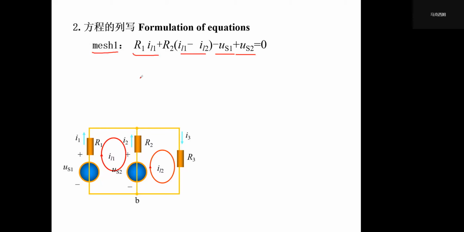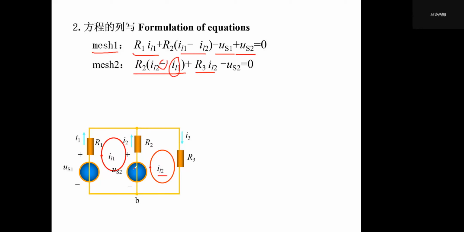We can also list this kind of KVL equation in the second loop, right? Second loop. Still we have IL2 times R3, and this stuff. This time, since we are circulating in the IL2 direction, IL1 takes a negative sign.